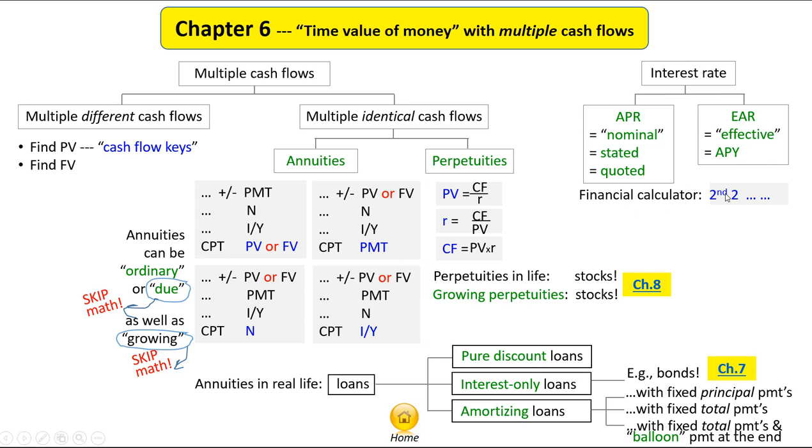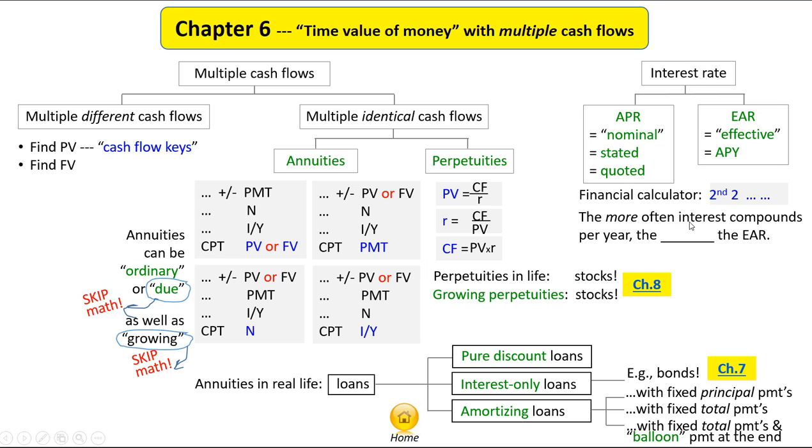So in the financial calculator, if you are given the APR and are asked to calculate the effective annual rate, or if you're given the effective annual rate and need to go back and figure out the APR, you start by pressing the button second, then you press 2, and then you plug in the information on how many times interest gets compounded per year, and the number that's given, either APR or EAR, and then you press compute for the one of the two that you need to calculate.